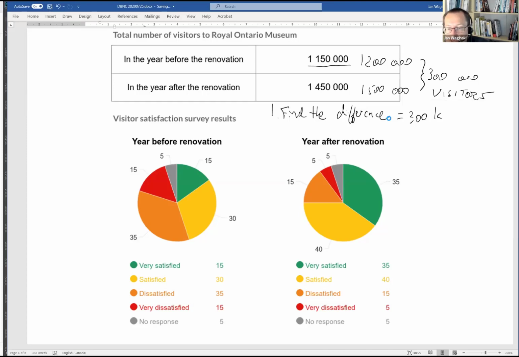And sorry, what was the second step? Divide the difference with the first one. Yeah, so difference divided by the first number in your comparison. So whether it's the bigger number or the smaller number depends on you.